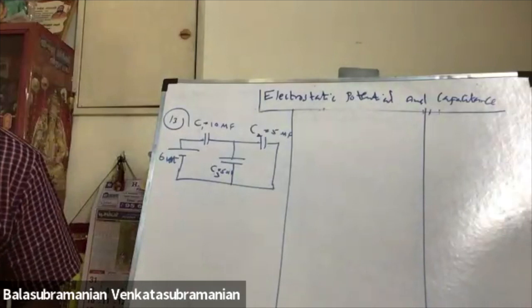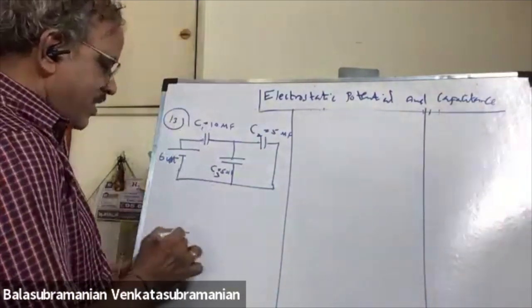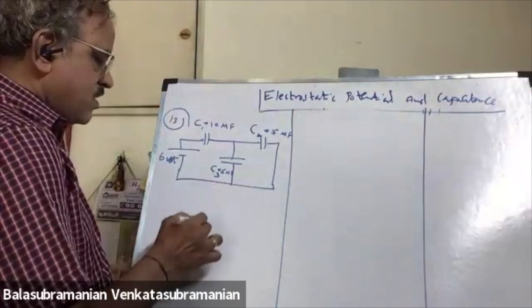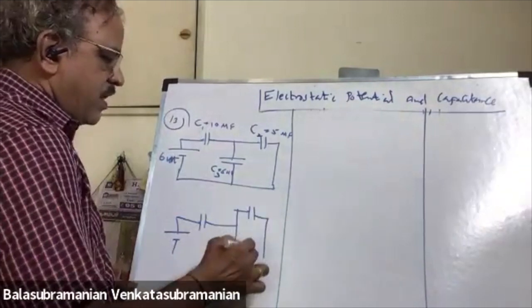The equivalent circuit we have to draw first. Battery, first capacitor, and these two connected in parallel.